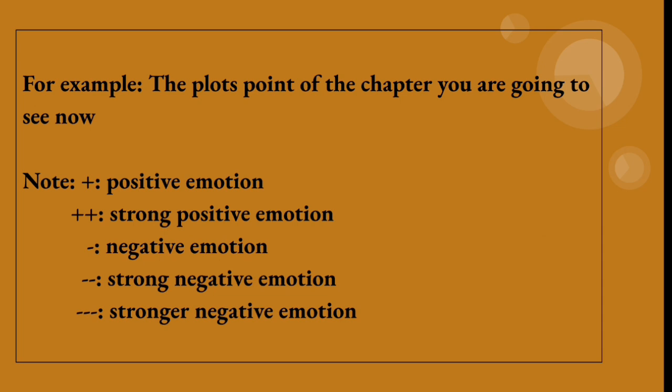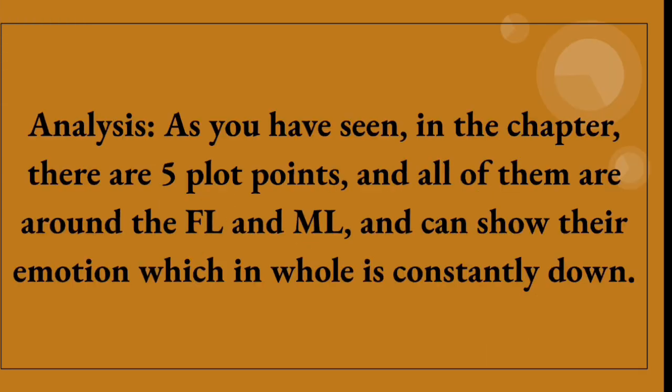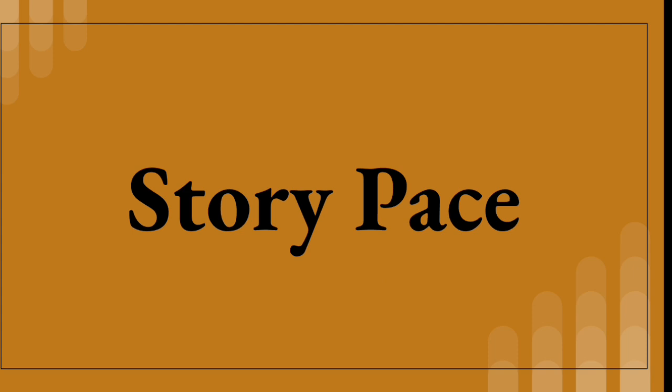This is a very beautiful story outline, okay? So let's analyze this. As you have seen in the chapter, there are five plot points, and all of them are around the female lead and the male lead and show their emotion, which in whole is constantly down. Okay, let's look at the story pace.